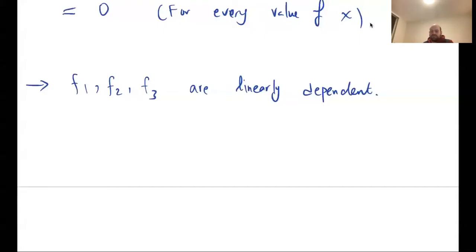All right, another concept related to linear independence and linear combinations that you learned in Math 252 was basis, the concept of basis of a vector space.